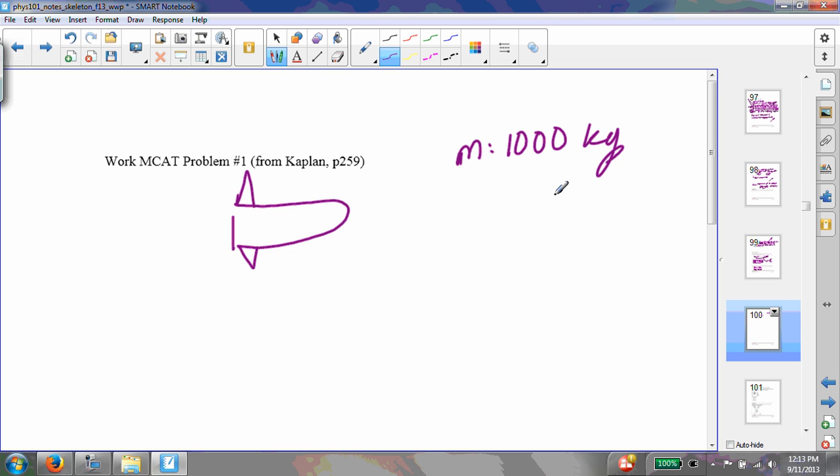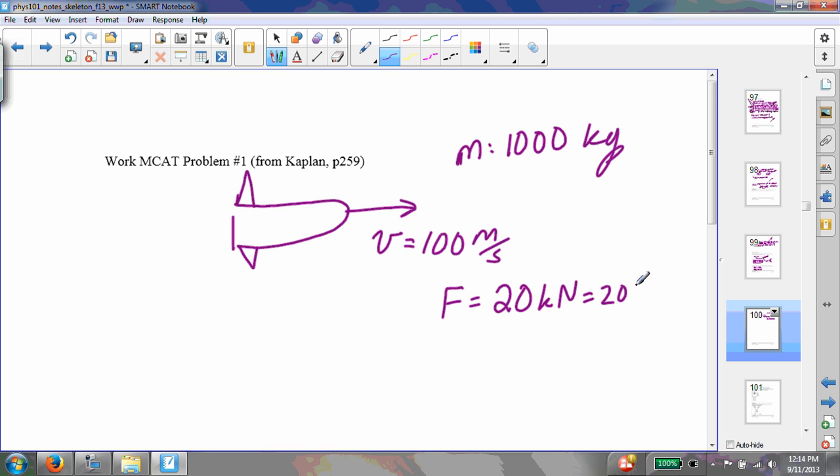Is traveling at 100 meters per second. Let's say it's traveling in this direction, and it has a velocity equal to 100 meters per second, and it's acted on by an average force of 20 kilonewtons. So my average force is 20 kilonewtons. That's 20,000 newtons.